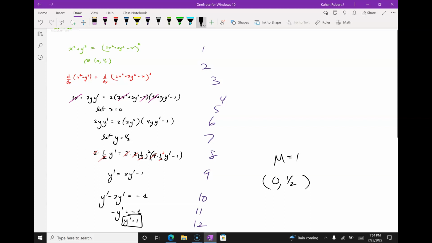I let all of the y's be 1/2. Yeah, so these canceled, so I just got y prime. Yep. 2 times 2 and 1/2 squared is 1. So that's all 1. 4 times a half, there's the 2y prime minus 1. That's all that survived.